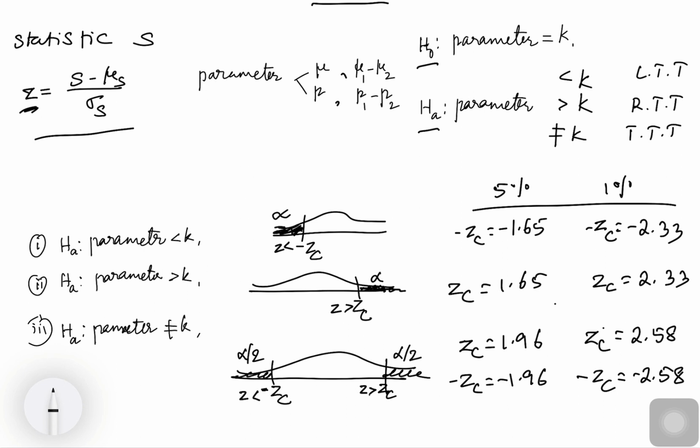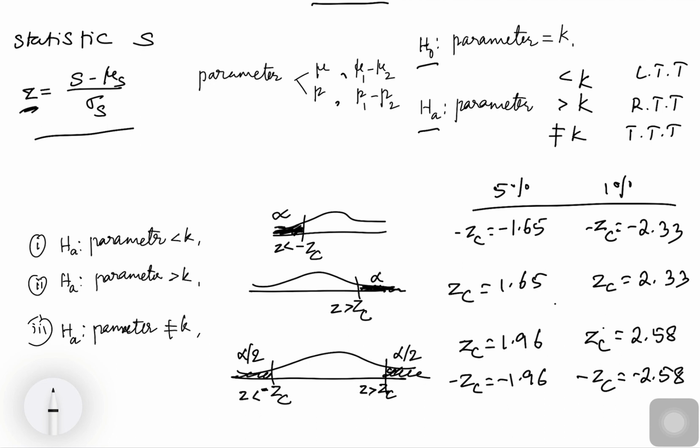So we usually have two levels of significance, one is 5% and the other is 1%. At 5% level of significance, for a left tail test, minus ZC is minus 1.65. So anything below minus 1.65 will be rejected. For the right tail test, anything above 1.65 will be rejected.